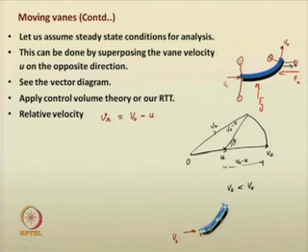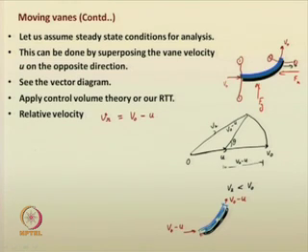So, the relative velocity we will be giving at the inlet is V 0 minus u, and at the outlet also V 0 minus u. Like this we are going to give the relative velocity. Once you identify the relative velocity, it is the same at inlet and outlet.